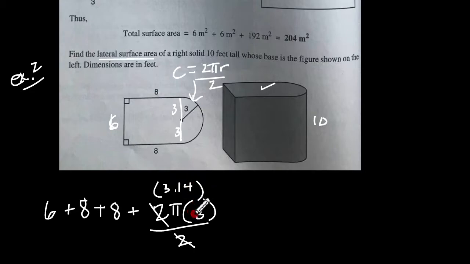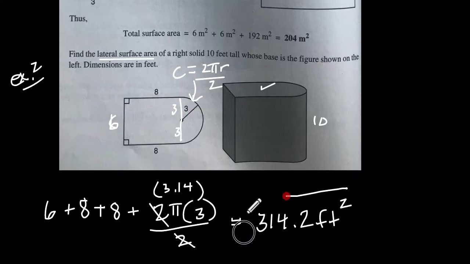So you're going to take 3.14 times 3, and we're going to add it to 6 plus 8 plus 8, and you're going to get the entire thing is going to be 314.2 feet squared. That's the lateral surface area. It doesn't include the top or the bottom. Lateral surface area.